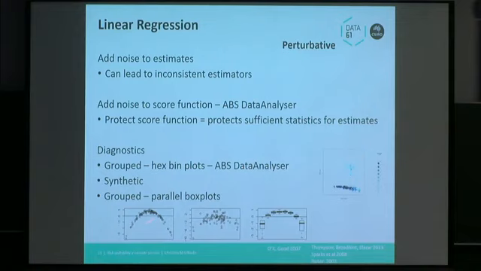So if that's the original residuals, this would be a synthetic version, and that's actually some parallel box plots, or you can try your heat map type of idea. But grouping the residuals seems to be quite protective against releasing an individual value. Of course, you have to watch out that you don't have too few observations in any of the bins, so you do have your tabular confidentiality problem as well when you're looking at your group residuals.